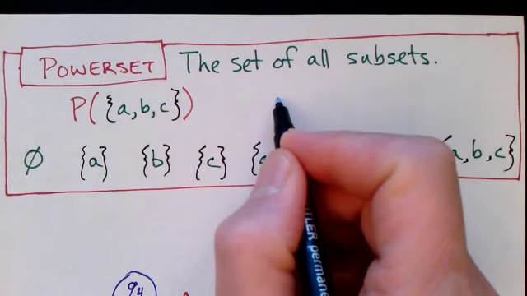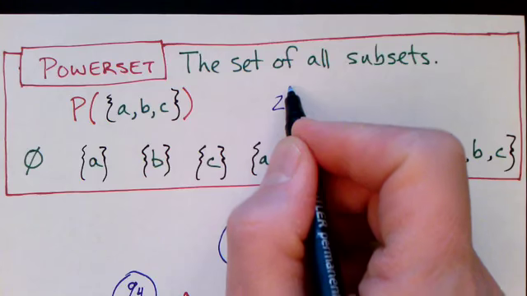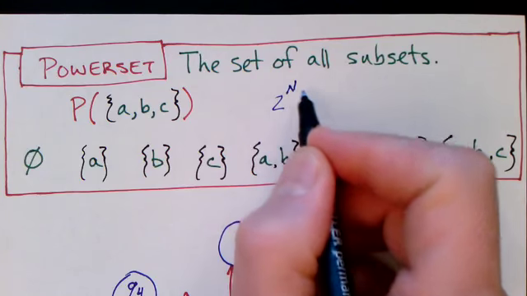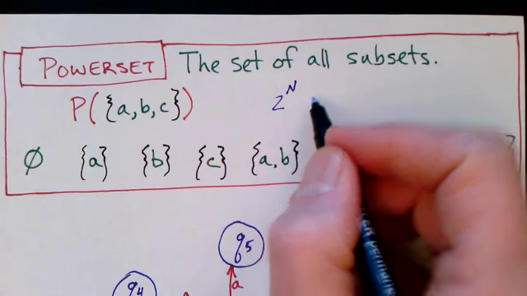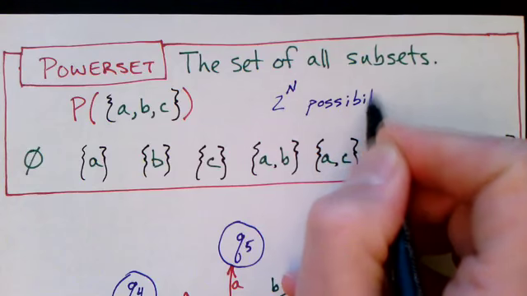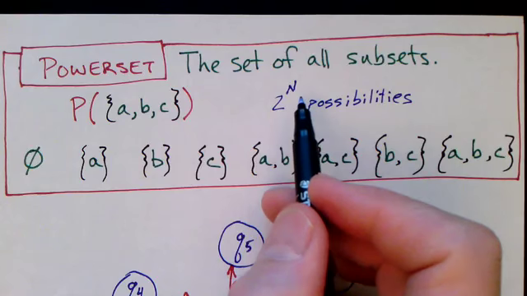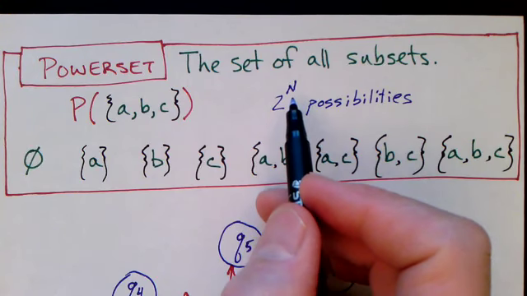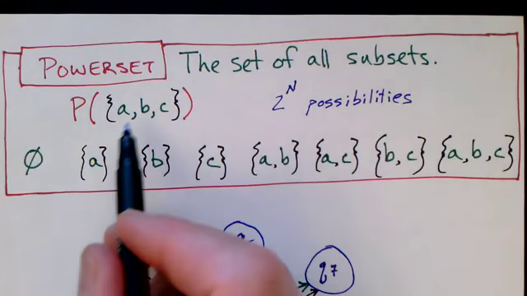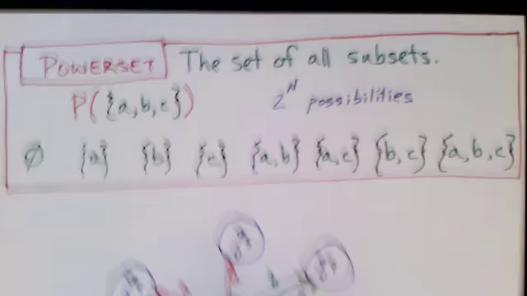And if you are a good computer scientist, you know that there are 2 to the 8th, or more precisely 2 to the n possibilities. So there are 2 to the n subsets of a set with n elements. Here we have 3 elements, 2 to the 3 is 8.